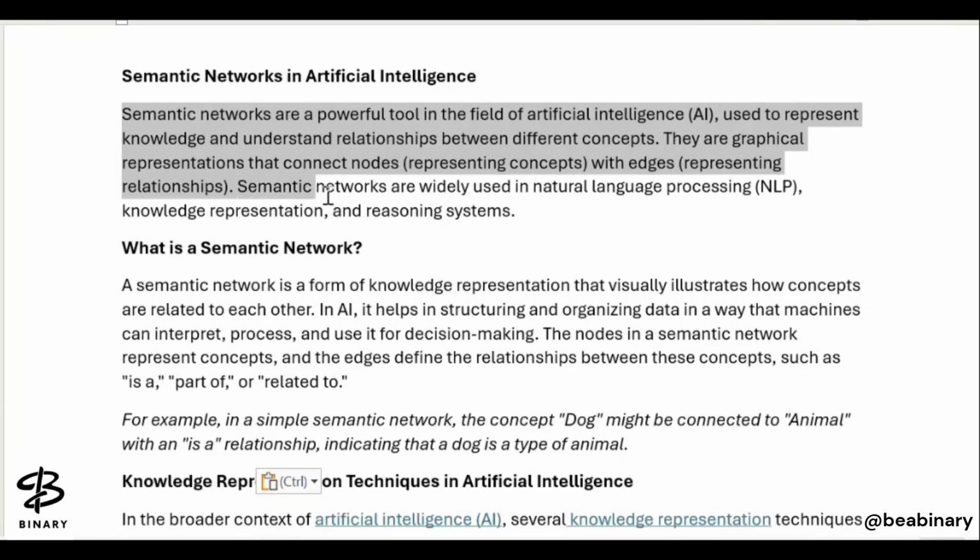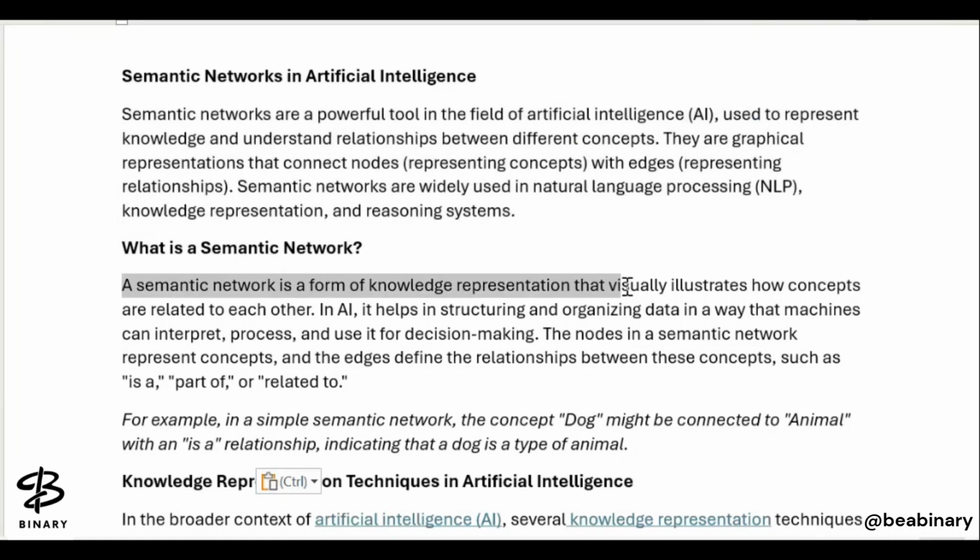So semantic networks are widely used in natural language processing, knowledge representation and reasoning systems. So how do you define what is a semantic network? A semantic network is a form of knowledge representation that visually illustrates how concepts are related to each other in a particular system, in a particular application.